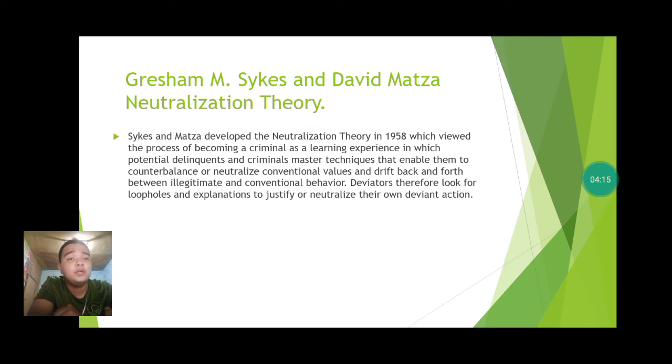Sykes and Matza developed the neutralization theory in 1958, which viewed the process of becoming a criminal as a learning experience in which potential delinquents master techniques that enable them to counterbalance or neutralize conventional values and drift back and forth between illegitimate and conventional behaviors. Deviators therefore look for loopholes and explanations to justify or neutralize their own deviant actions.